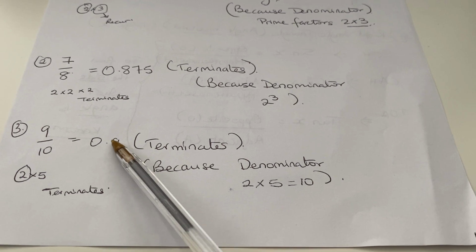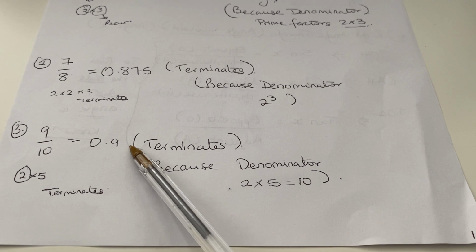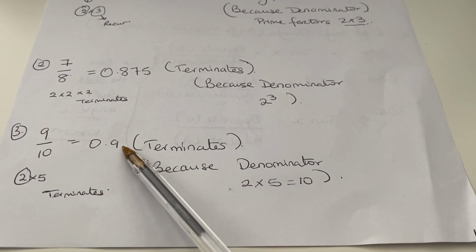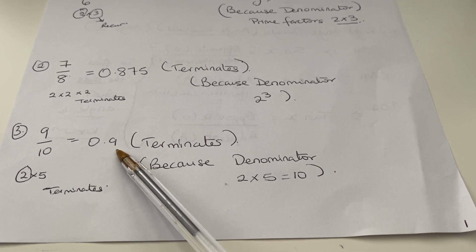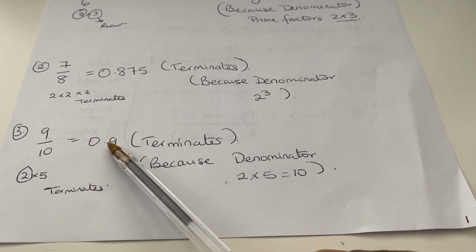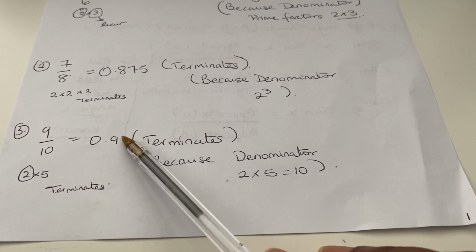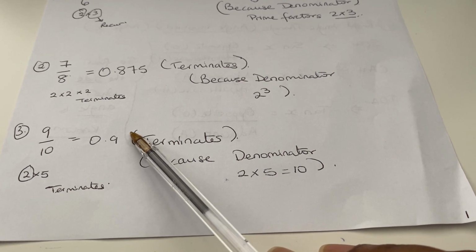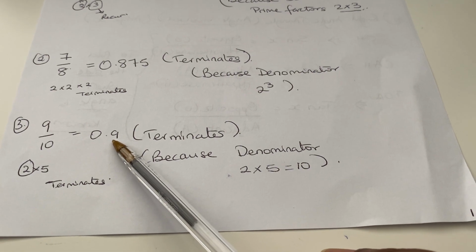I move the decimal one place to the left, so I have 0.9. Even without the calculator, you should have this on your flashcard already. Because there was a lesson where we did 1/4, 3/4, a half, and I introduced the flashcard and I asked you to write them down.